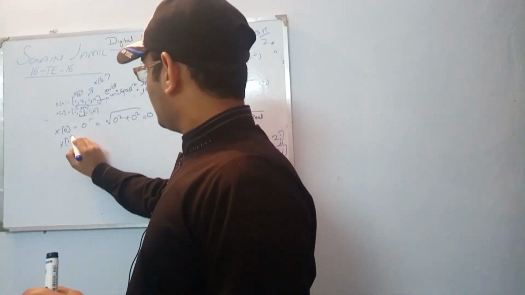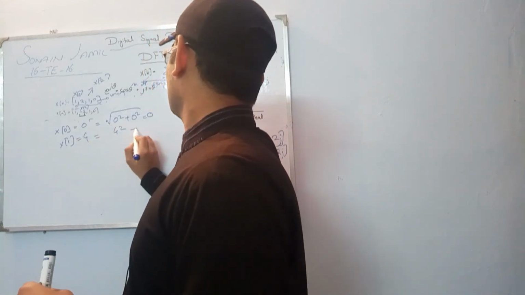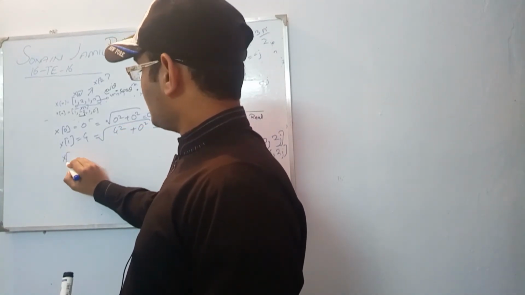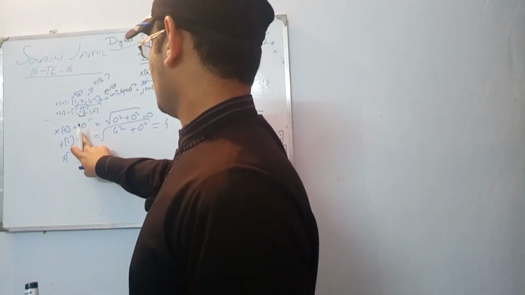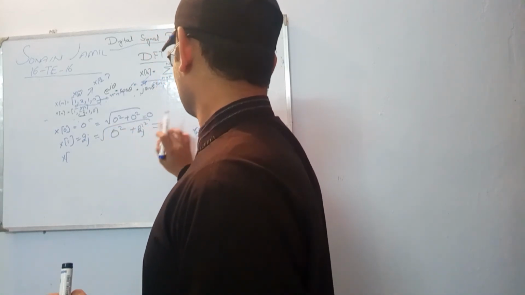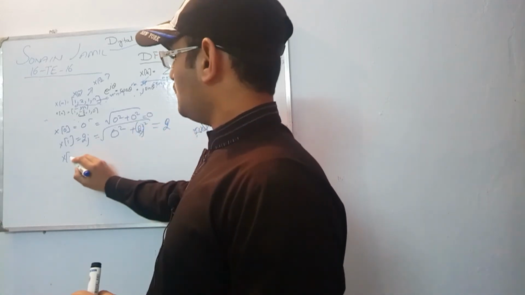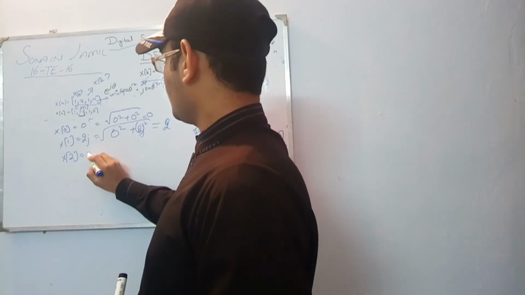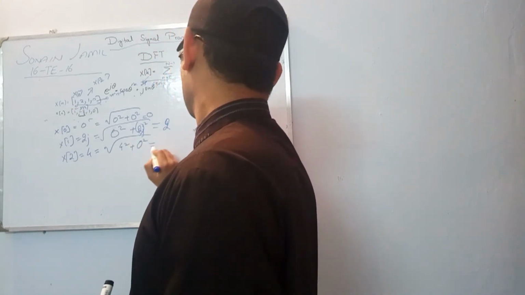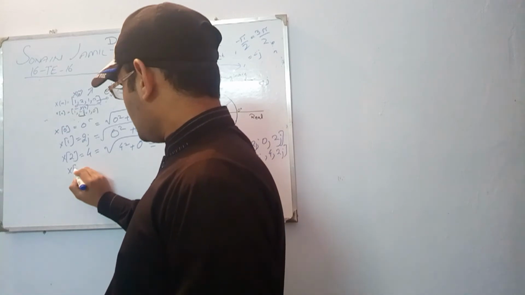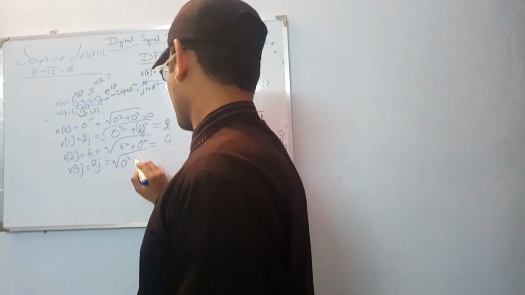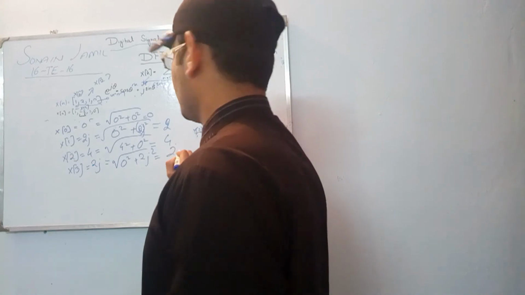Similarly, x of 1 is equal to 2j, so its magnitude is 2. x of 2 is 4, 4 squared plus 0 squared is equal to 4. And x of 3 comes out to be 2.